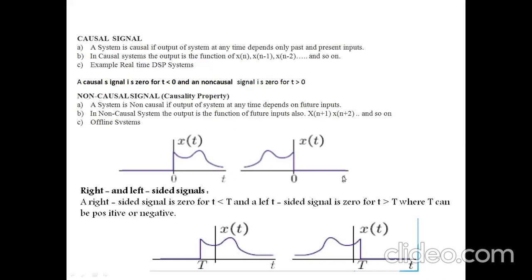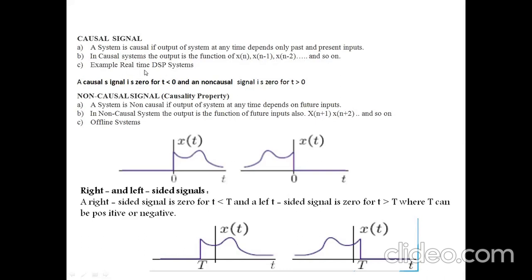Now in terms of causality, we say a system is causal if the output of the system at any time depends only on past and present input. In a causal system, the output is a function of x of n, x of n minus 1, x of n minus 2 and so on.